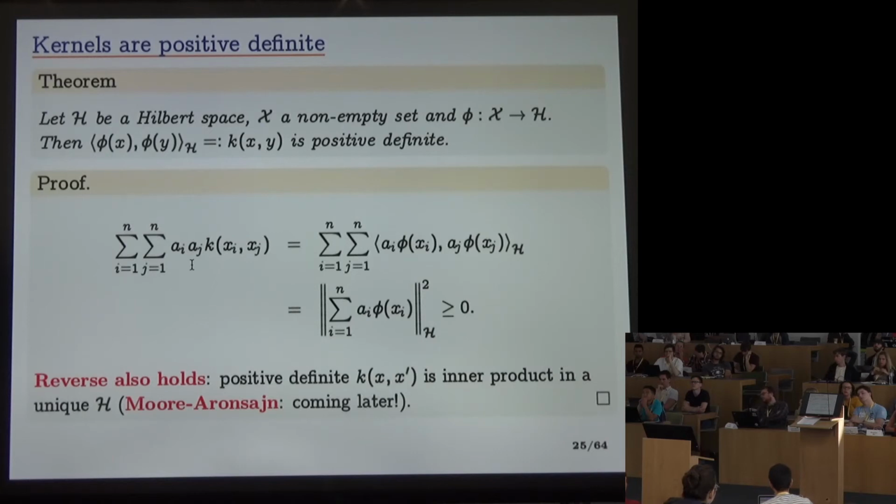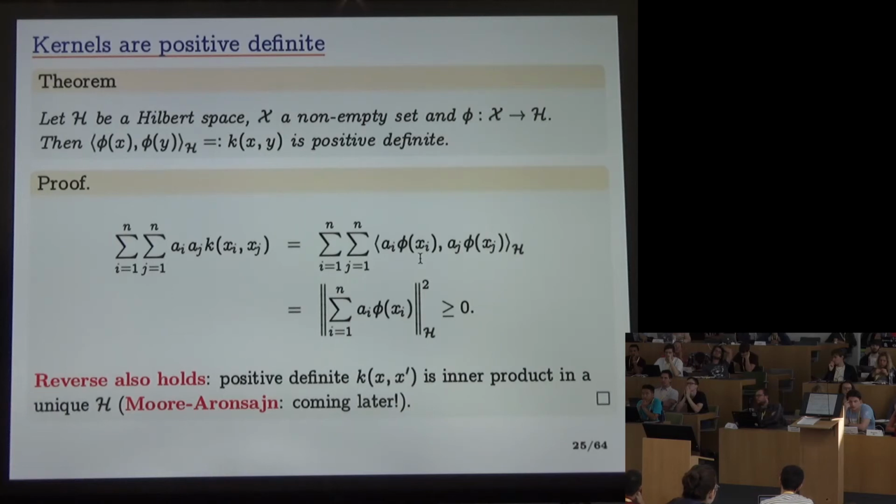Here is my double sum, the sum over ai aj k(xi, xj). I know that k(xi, xj) is the dot product between the features of xi and xj. I know my dot product is linear, which means I can take these ai inside the dot product because of linearity.